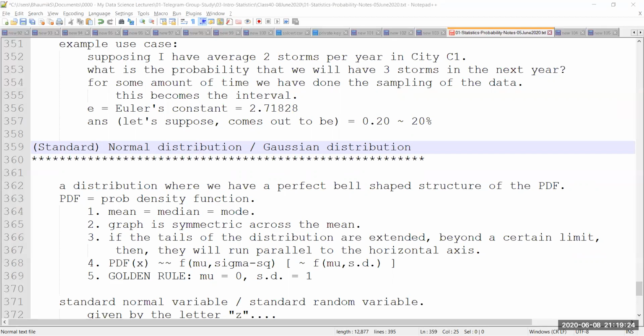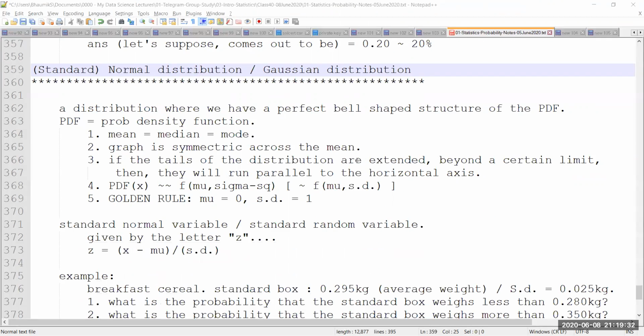Yes, Alex, I just saw your question here. We assumed it is a normal distribution only to solve the problem. I'm not going to tell you how we did that right now, because if I tell you, you'll get confused. There is a way in which I actually define that it is a normal distribution.